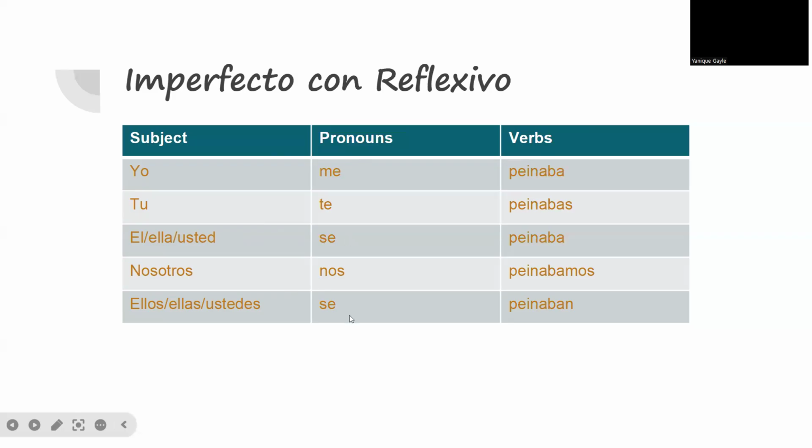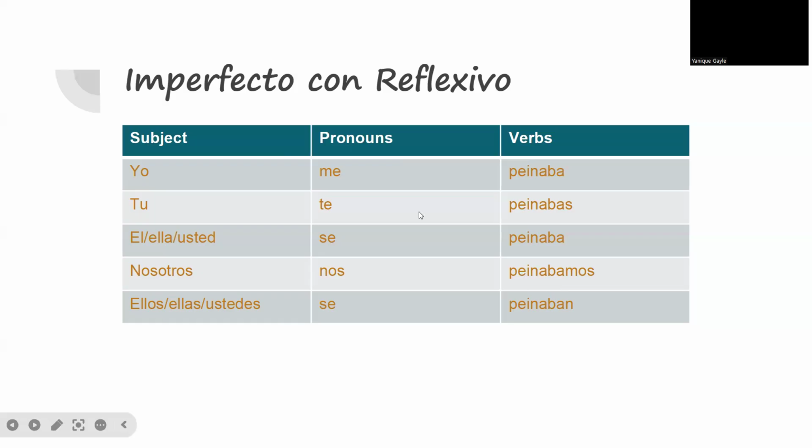Why do we use reflexive pronouns? Because we're talking about actions that we do to ourselves. Like combing our hair, it's peinarse, it's reflexive. When you take a shower, it's a reflexive verb because you're doing the action to yourself. When you brush your teeth, it's reflexive because you're doing the action to yourself or to someone else as well.